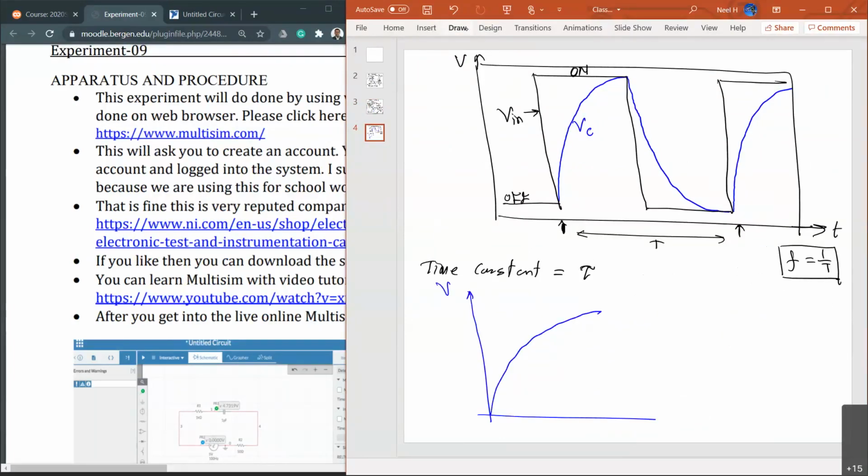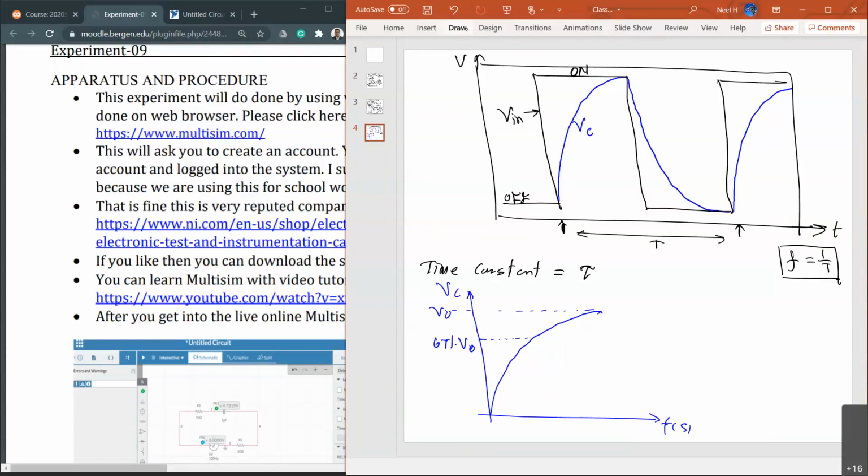This is VC, the voltage across the capacitor, and the time in seconds. So all I have to do, we know the maximum applied voltage, that is V0, is get 67% of V0 and then find the correlated value on your time axis.